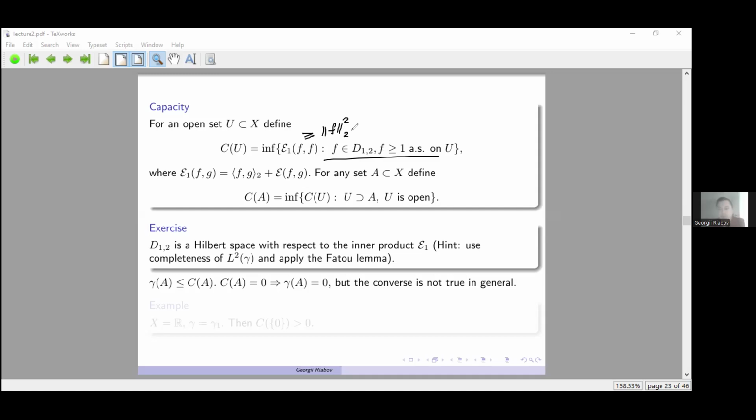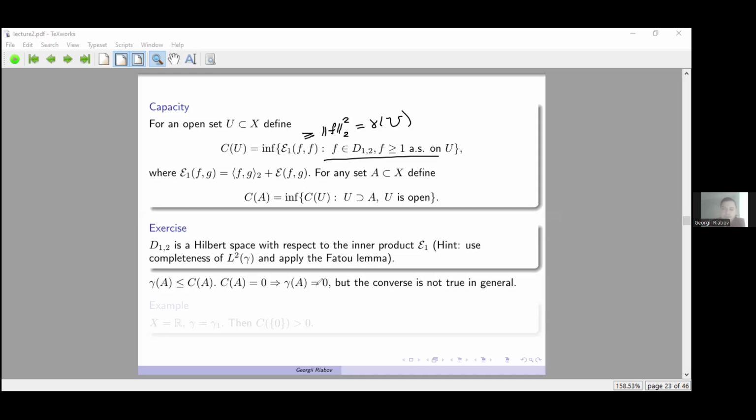Okay, and if we integrate over the set U, we will just get the measure of U. So it follows that the Gaussian measure gamma of any set A is not greater than the capacity of the set A. In particular, if a set A has zero capacity, then it has zero measure.